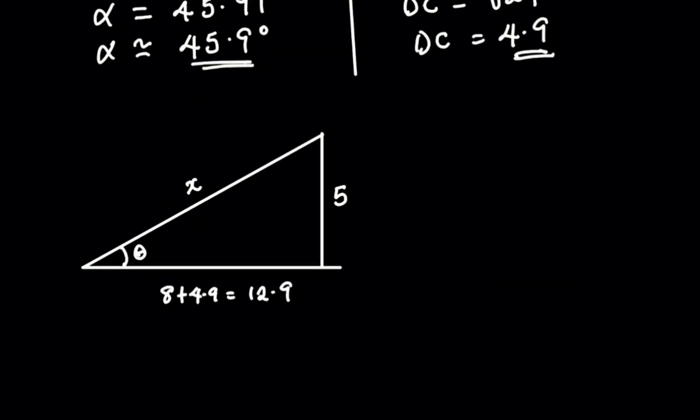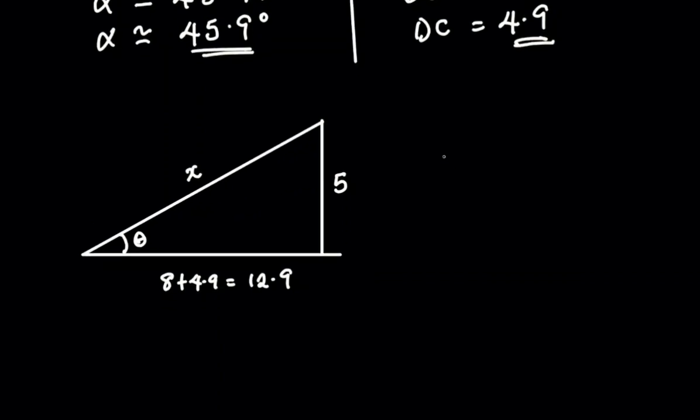Now, the next thing we have to do is to find theta. And how do we now find theta? Of course, here is opposite because it's directly opposite the angle. Then 12.9 is actually adjacent. So we have opposite and adjacent, that is the TOA. So we have tan theta is equal to 5, which is opposite, over adjacent, which is 12.9.